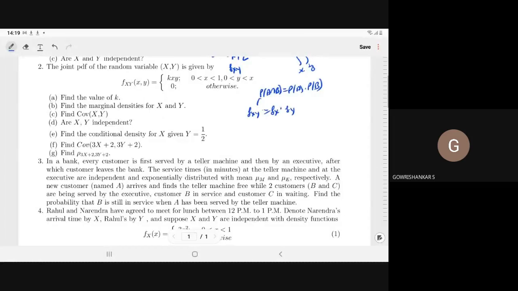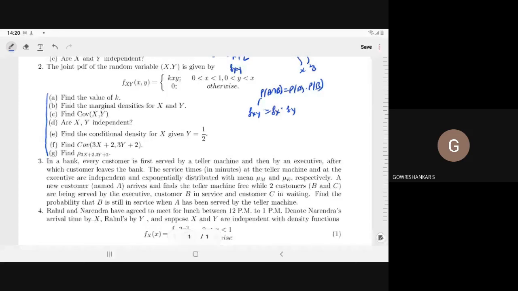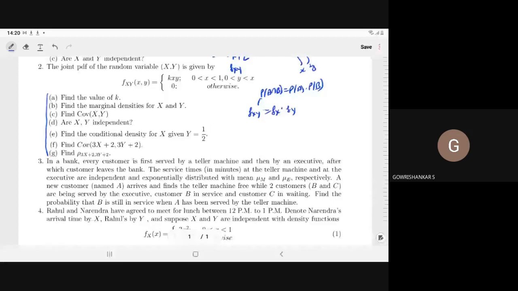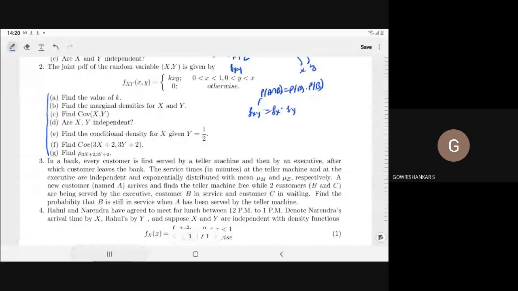In the first part we have to determine the value of k. For being a PDF, the given function must satisfy two conditions. First, fxy must be greater than or equal to 0, non-negative, and the integration over x and y should equal 1. Then only it will become the PDF.